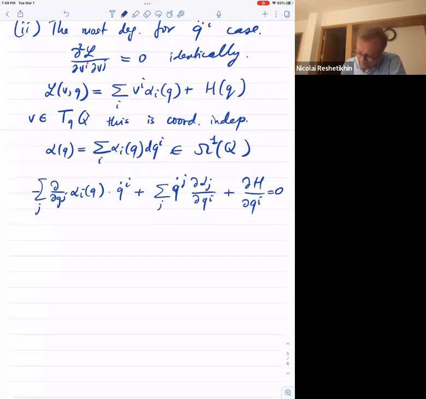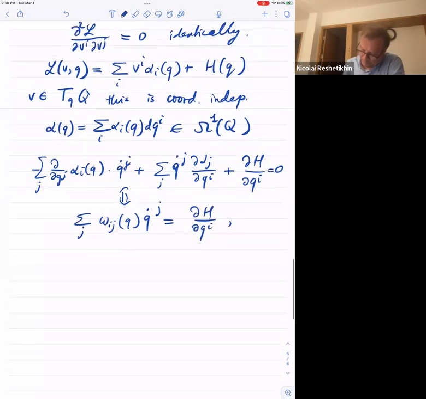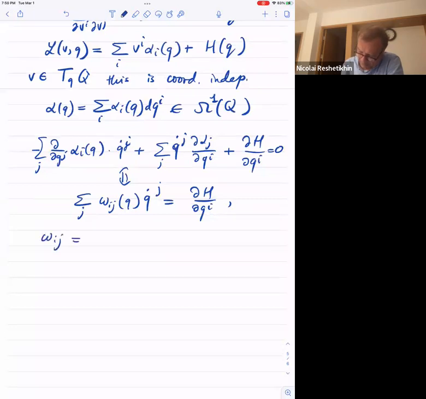So now I just want to write it in a more civilized way. So this is the same as sum over j omega ij q dot j is equal to dh dqi, where omega ij is d alpha I dqj minus d alpha j dqi in local coordinates.